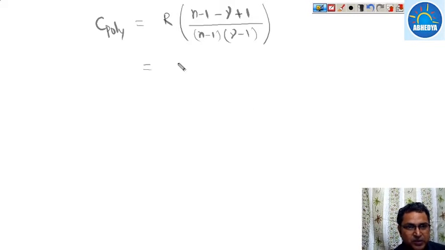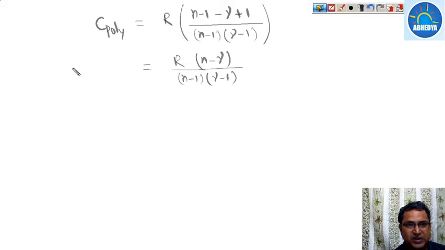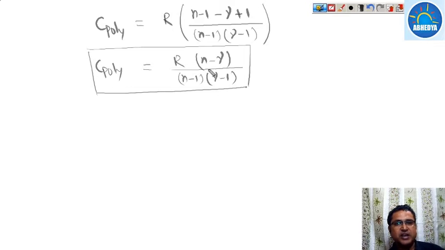So this value becomes R times (n minus gamma) upon (n minus 1) into (gamma minus 1). So the polytropic specific heat value will always equal R times (n minus gamma) upon (n minus 1)(gamma minus 1).